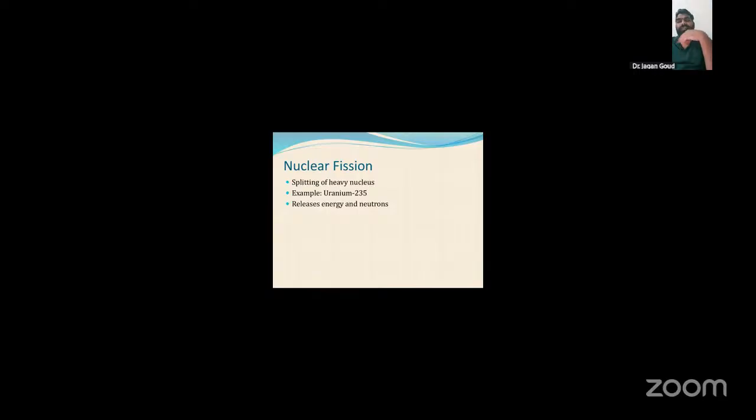For example, uranium-235 is the most commonly used fissile material in nuclear reactors. A fissile material is a substance capable of sustaining a nuclear chain reaction when bombarded by slow neutrons. Common fissile materials are uranium-235, plutonium-239, and uranium-233.